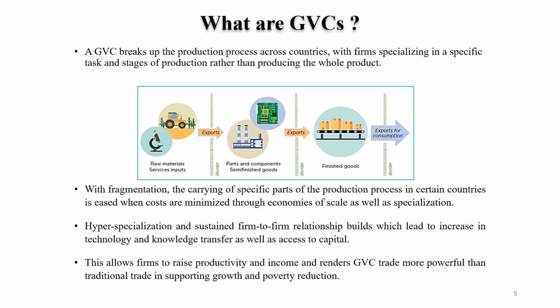This is possible due to fragmentation of the production process because of new technology which permits the fragmentation, and also a significant reduction in the transport cost. So because of the reduction of cost, we see economies of scale coming up due to the fragmentation process.